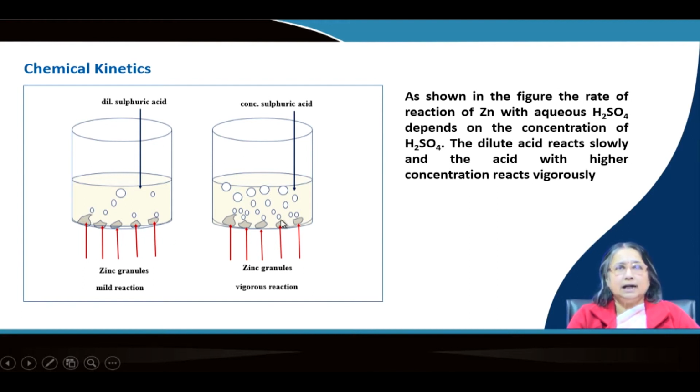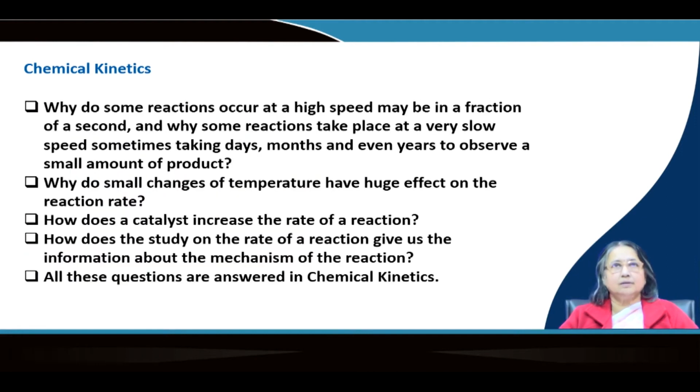So, this is the topic chemical kinetics, under which it will come why some reaction is slow and why some reaction is fast. Why do some reactions occur at a high speed? Maybe in a fraction of a second. There are some reactions which you cannot even monitor by using simple instruments.